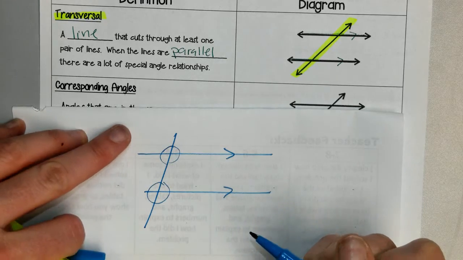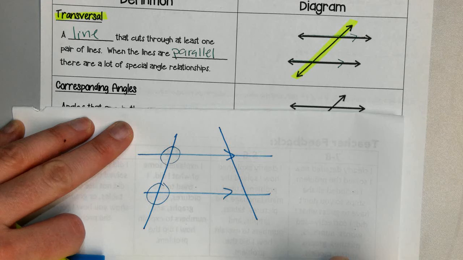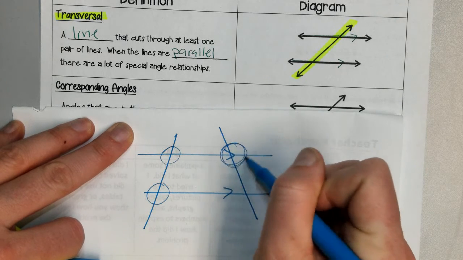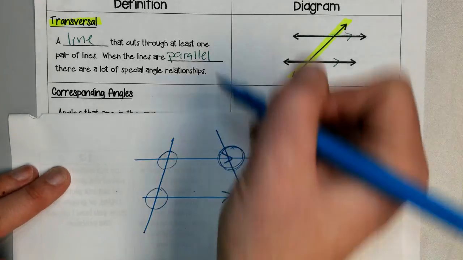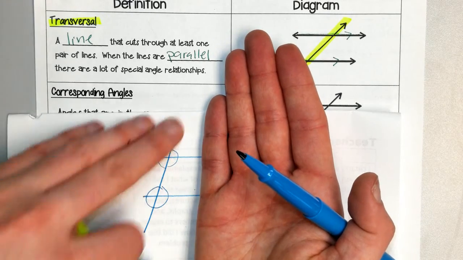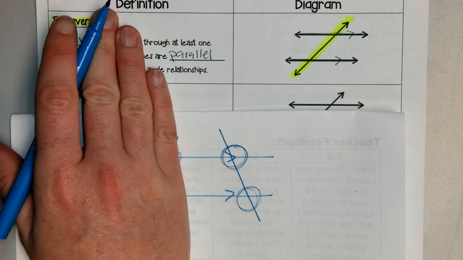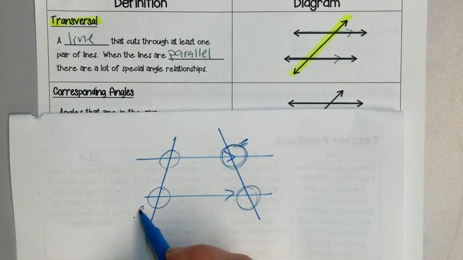And you could have a second transversal, and that's fine, but all of these angles are copied down here. So if you have two different transversals, you're just looking at one transversal to find matching angles, and then you could stop and look at another transversal to find missing angles. But you wouldn't go diagonally across and work on two different transversals.